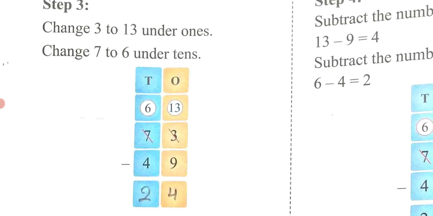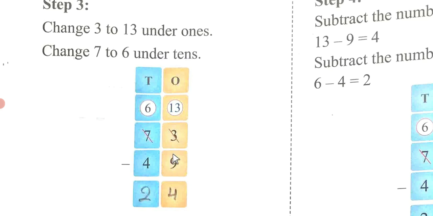See step number 3. Step 3, change 3 into 13 under ones and change 7 to 6 under tens. So here the extra box has been given for you. So you cut 3, make it 13. You cut 7, make it 6. When the digit is bigger, you can see here under ones the digit is bigger, greater than 3.